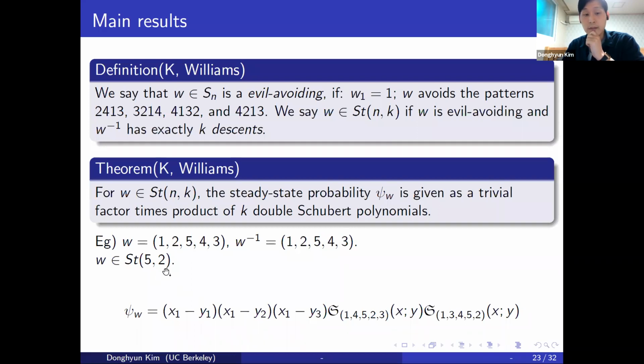So W is in ST(5,2). So in this case, the steady state probability is given as a trivial factor times 2 Schubert polynomials. And of course, there is a way to decide which permutations appear here.